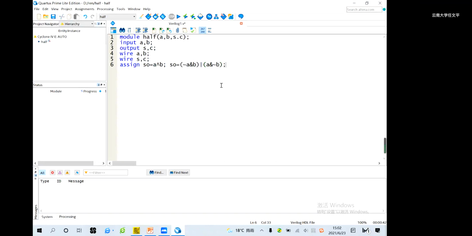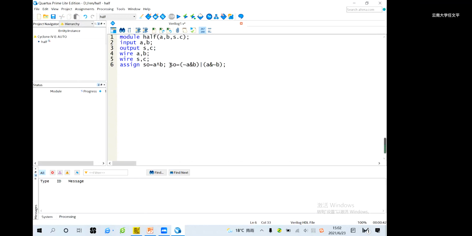This experimental is right and this experimental is right. This also represents XOR, this symbol represents the XOR gate, and this is the same function.